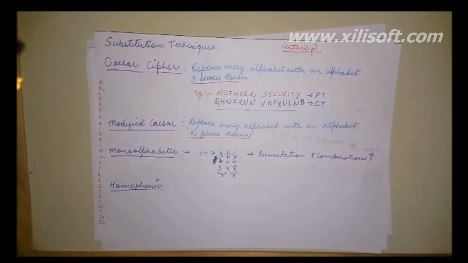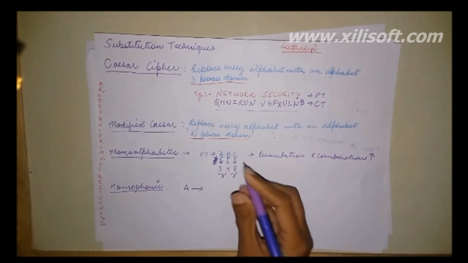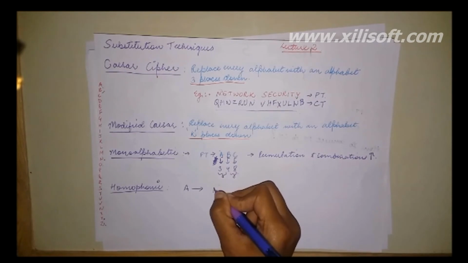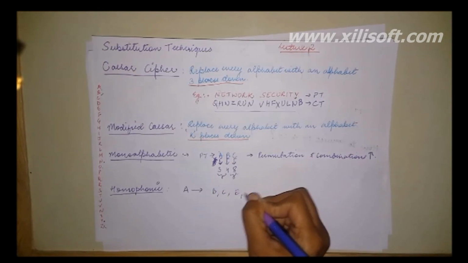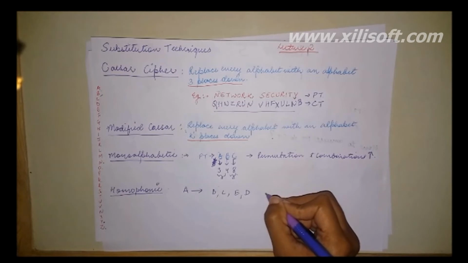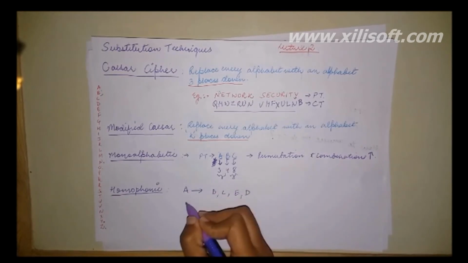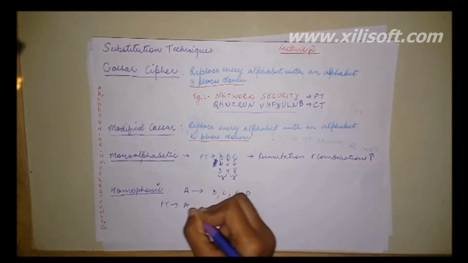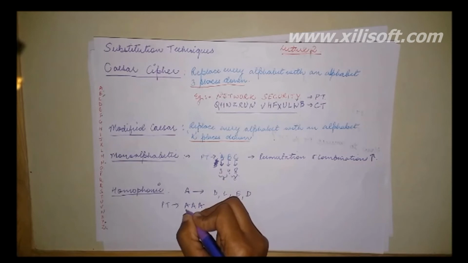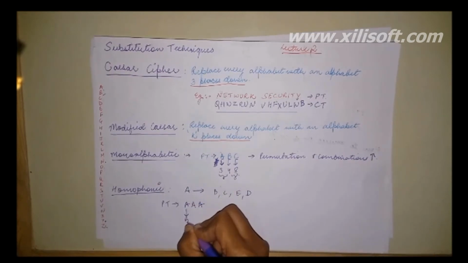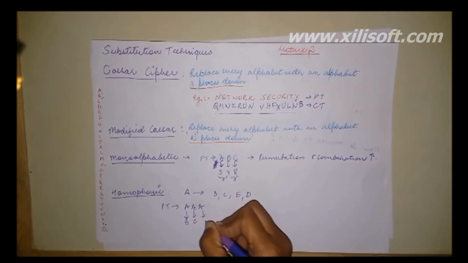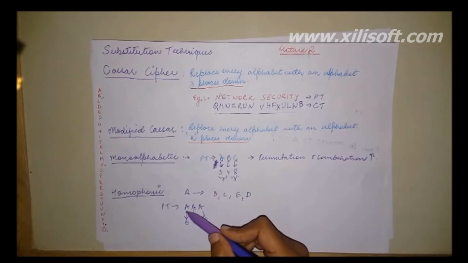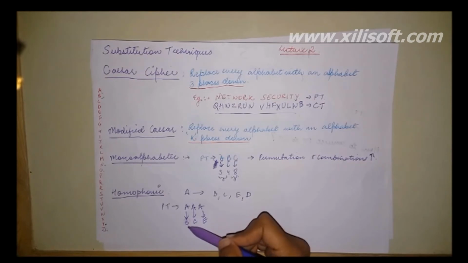The homophonic substitution cipher is very similar to monoalphabetic cipher. To substitute A, we can substitute it with B, C, E, D. So it is not compulsory that if in our plain text A has arrived 3 times, we replace every A with the same letter; we can replace these A's with B, C or E. There is no restriction that we have to replace A with the same alphabet in the cipher text.